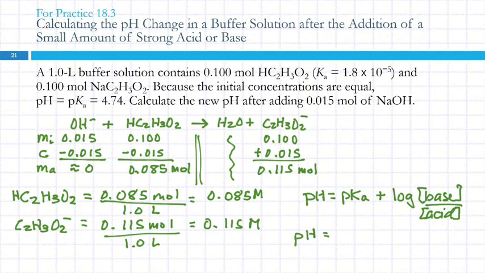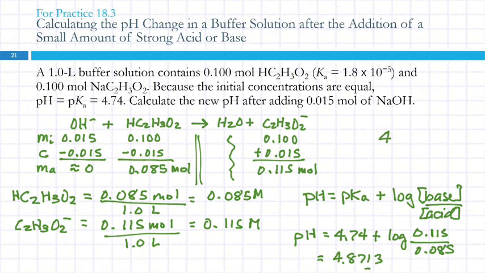So pH equals, the pKa is 4.74 plus the log of the base, 0.115, divided by the acid. 4.87. Any questions?